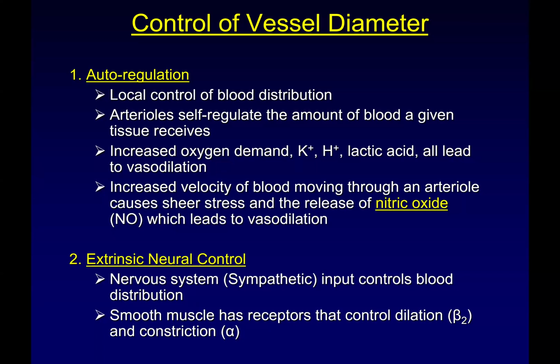In most tissues, alpha receptors predominate on blood vessels. The general response to fight or flight, or epi and norepi, is vasoconstriction. And then you get vasoconstriction, and then we auto-regulate in a particular tissue to overcome most of that constriction.